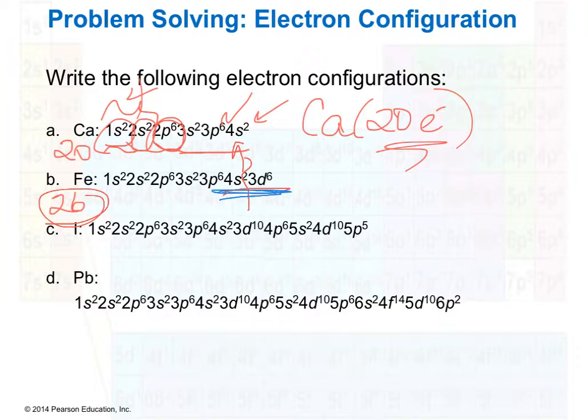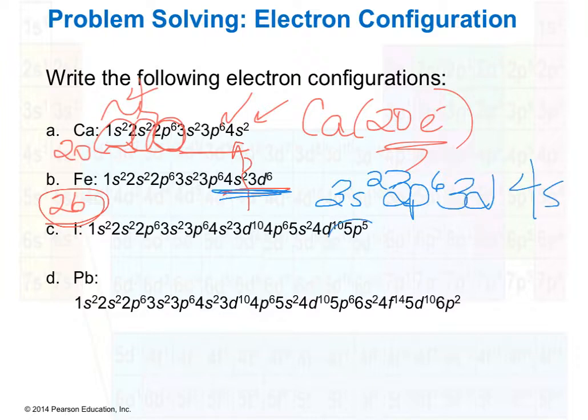Intuitively, you might think that it would be 3s2, 3p6, and then 3d, and that 4 shouldn't come until you've done all the 3. Well, no, it turns out, just because of the wonders of quantum mechanics, that the 4s comes before the 3d.